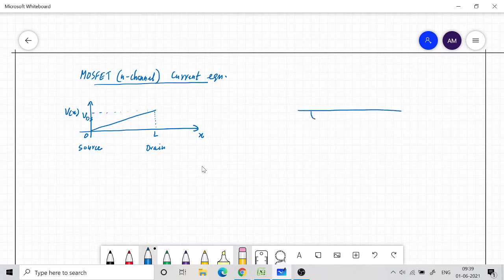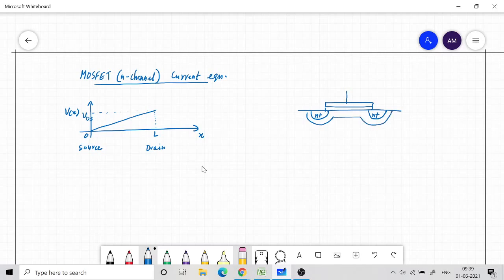So again, I'm drawing the schematic structure. We have oxide, on top of that we have metal, this is our gate, and we have a depletion region, and most of that depletion region will be extending.